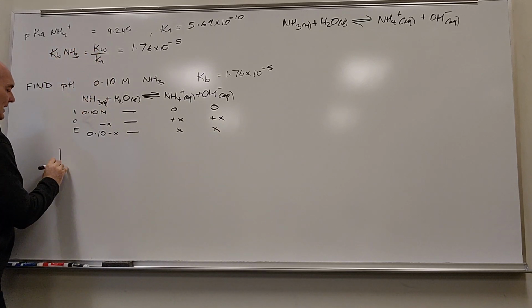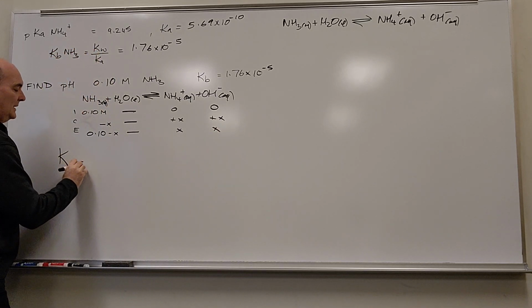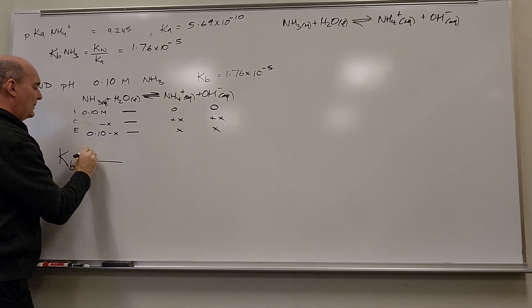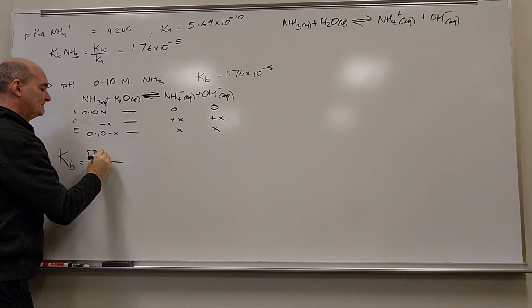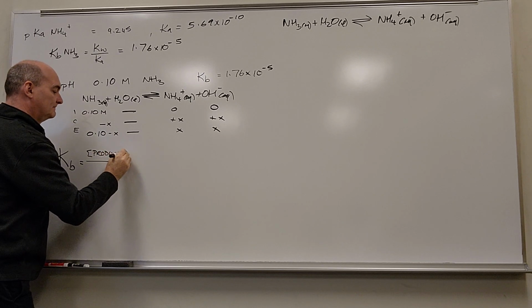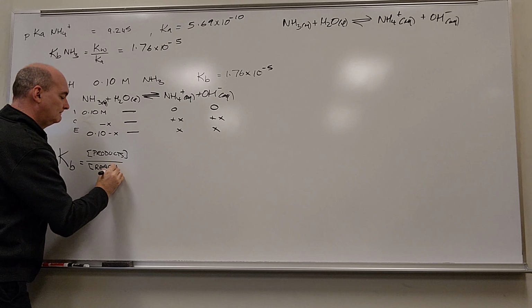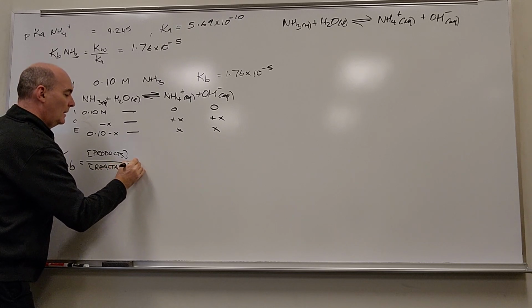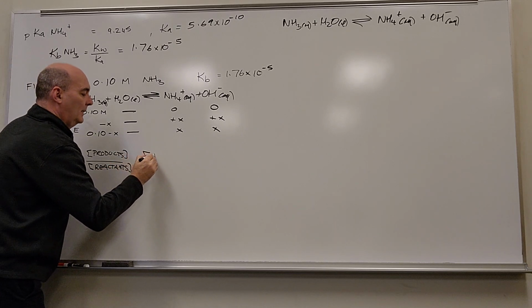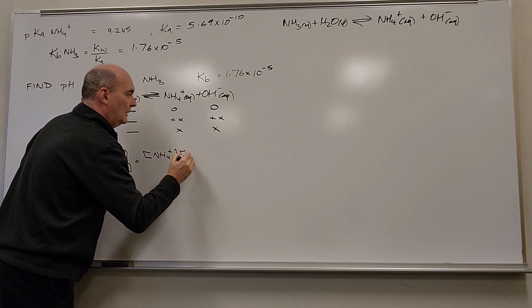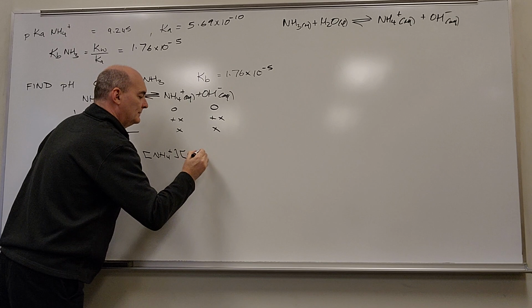And so when I look at KB here, products divided by reactants, I have NH4 plus, the conjugate acid of my ammonia.